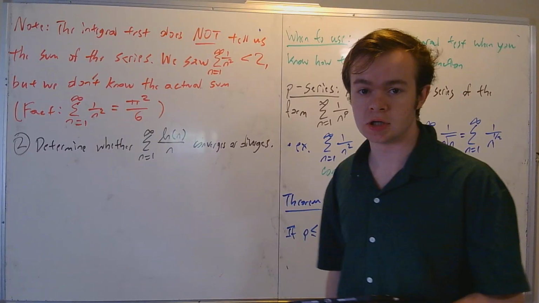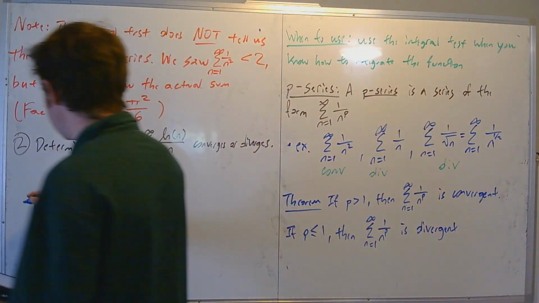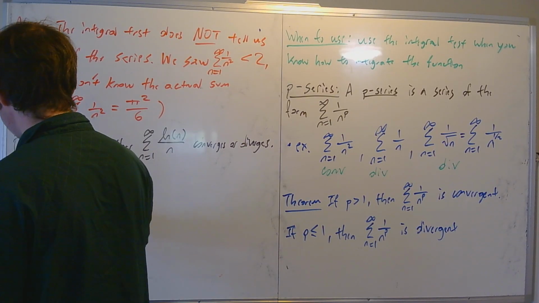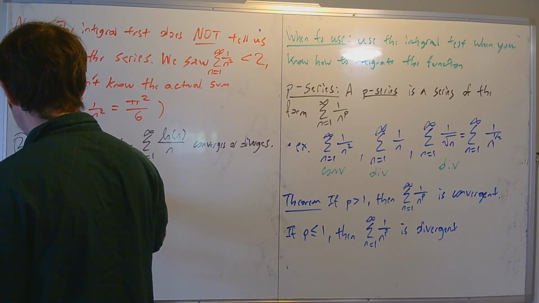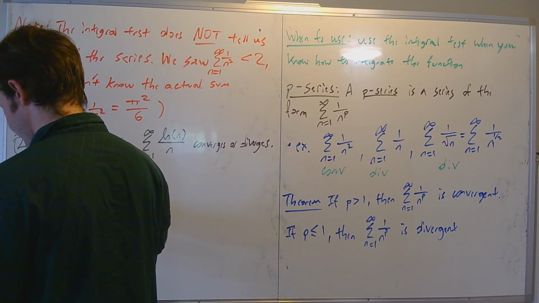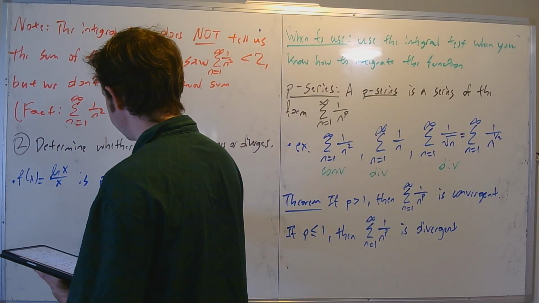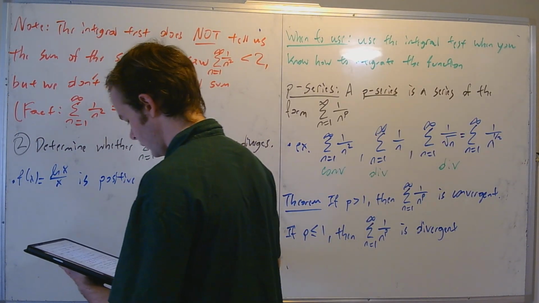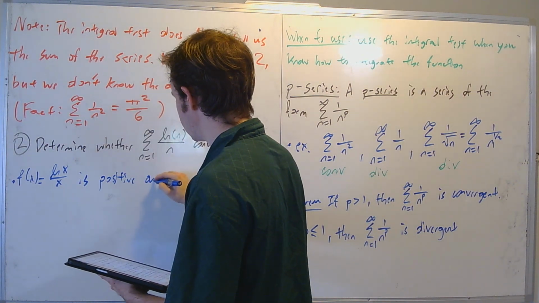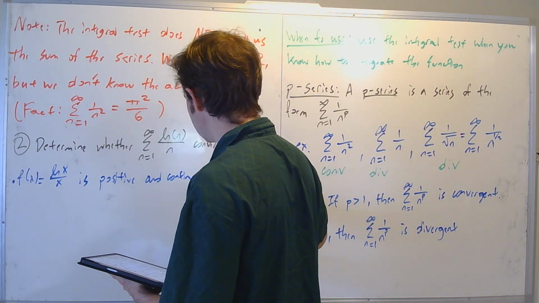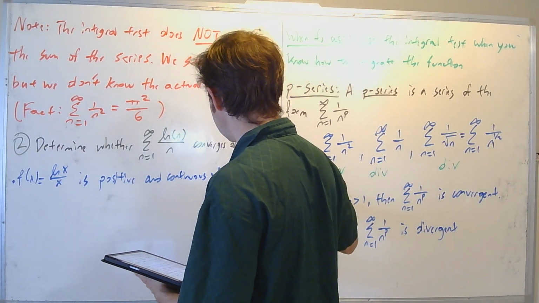And in fact, you can check this, but we can say here that f of x equals natural log of x over x is positive and continuous when x is greater than or equal to 1.